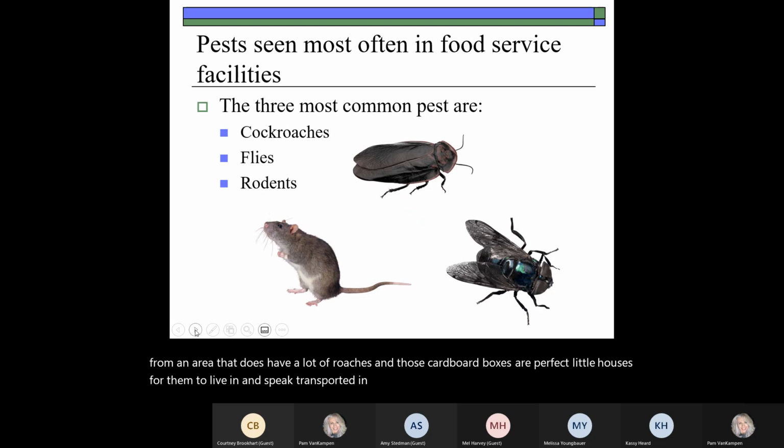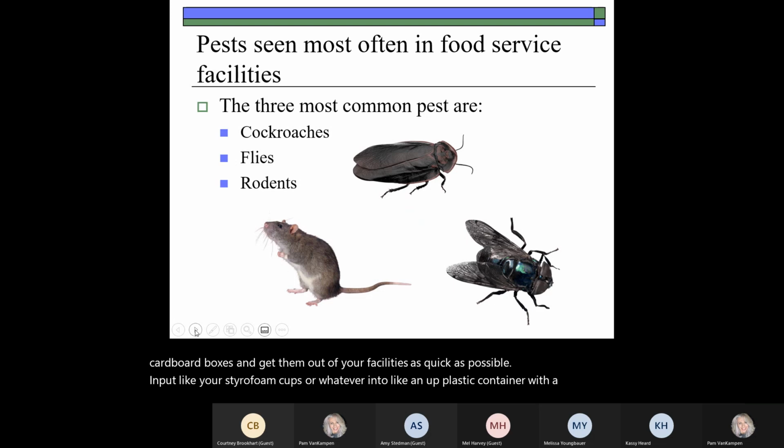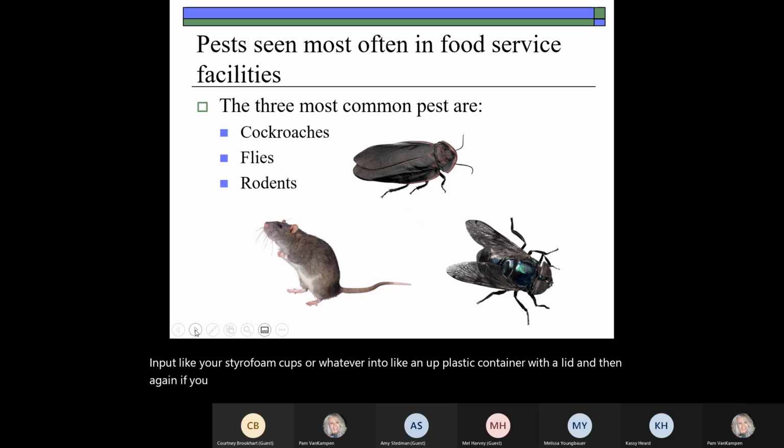So what we'd like to see is you break down those cardboard boxes and get them out of your facilities as quick as possible and put your styrofoam cups or whatever into a plastic container with a lid. And again, if you need help with that, our nutrition team is happy to help you with that.